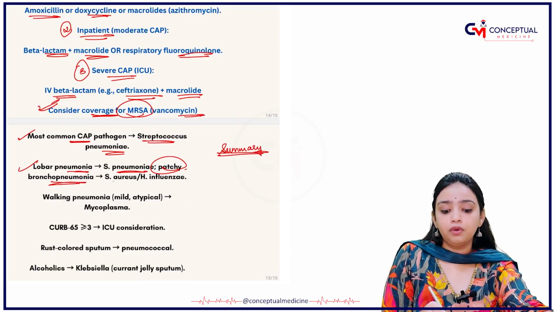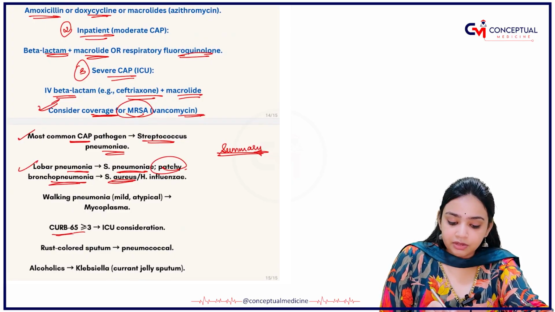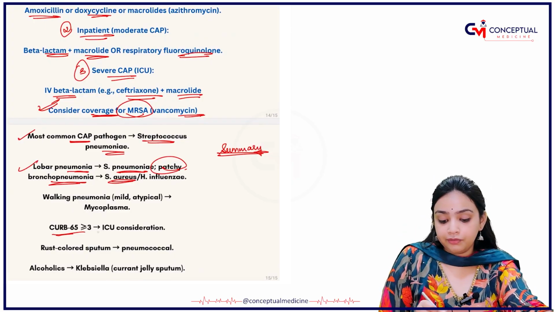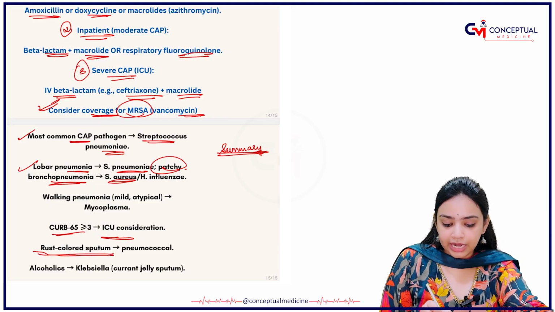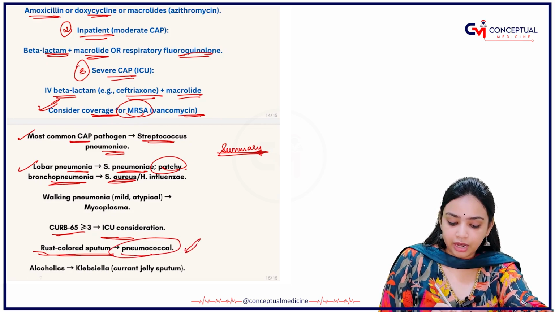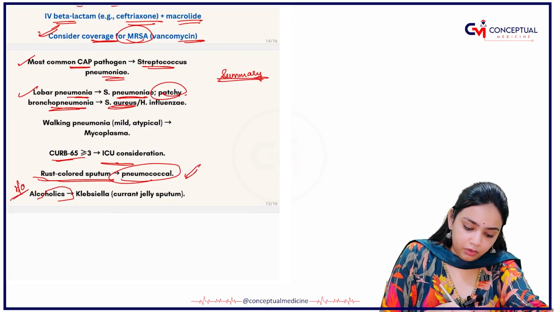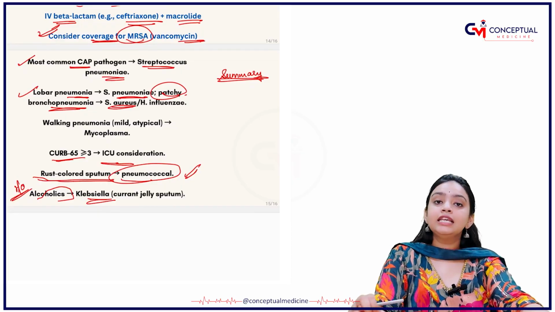In bronchopneumonia, you will have S. aureus as the causative agent. Then you have CURB-65: if it is more than or equal to 3, you have to consider ICU administration. If red colored sputum is there, consider pneumococcal infection. And if there is a history of alcoholism, consider Klebsiella, that is the currant jelly sputum.